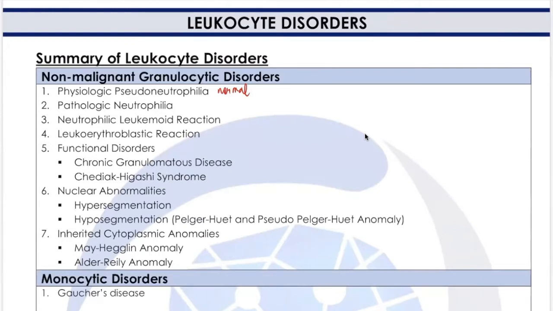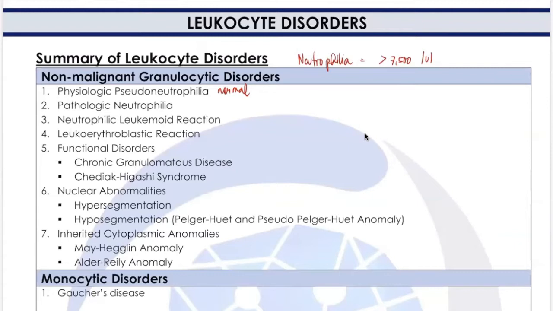It's just that in this case, there is an increase in the number of your WBC. And when we say neutrophilia, that is an increase of greater than 7,500 per microliter. That is our definition when we say neutrophilia. So again, the physiologic pseudoneutrophilia is a normal finding.